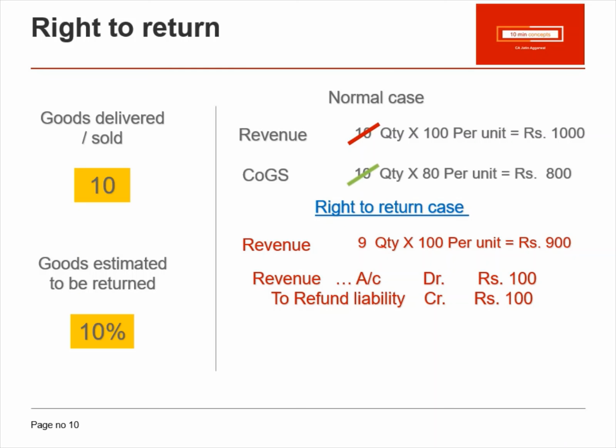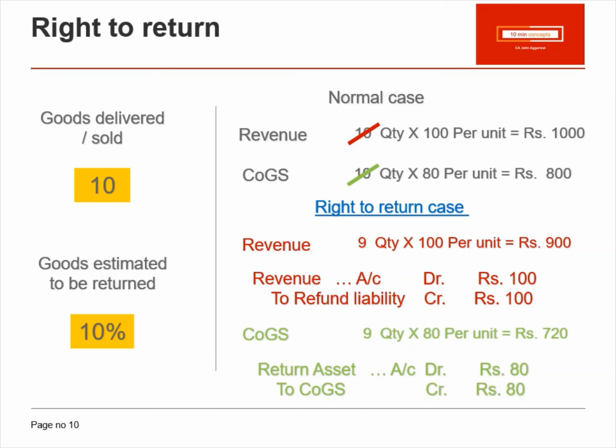Further, since I've recorded a revenue for only 9 units, we also need to reduce our cost of goods sold from 800 to 720, which would represent cost for 9 units which are actually sold, right? So journal entry for this would be return asset account debited rupees 80 to cost of goods sold rupees 80.